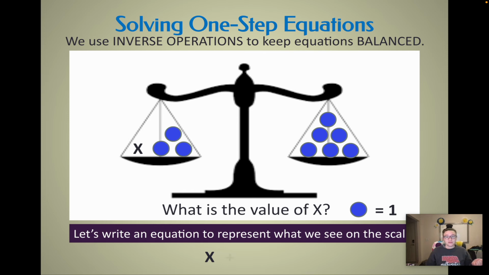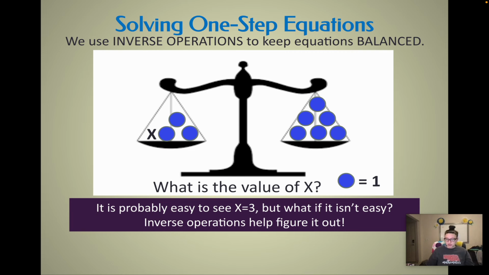So again, on our left, we have X plus how many blue circles? 3. X plus 3 on the left side. The equation means it's balanced, it's equal. And on the other side, we have 6. So X plus 3 is equal to 6. Write that down.